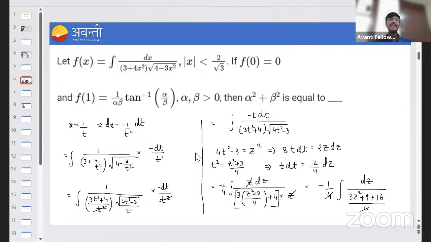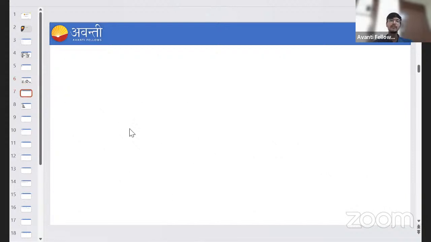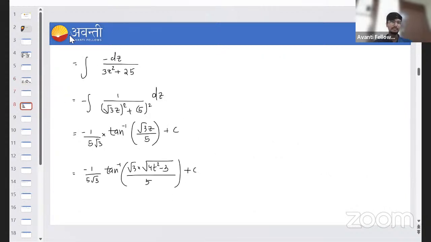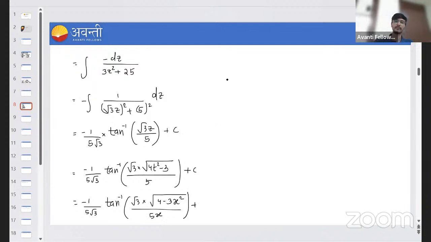And what was t? t was 1 by x. So let us resubstitute t also. So I'll get minus 1 upon 5 root 3 tan inverse of root 3 into under root of 4 by x square minus 3, upon 5, plus c.